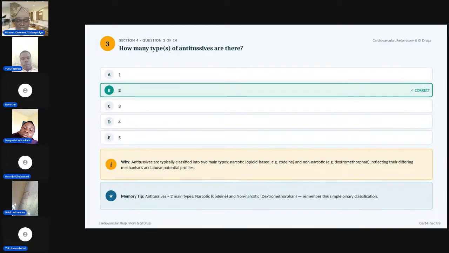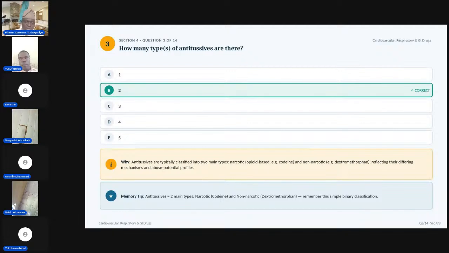This one is just trying to turn your brain. You know that you have some cough syrups that contain codeine and the ones that do not contain codeine. Those are the two things. They are just two: codeine containing and non-codeine containing. All those examples you see, this one is with codeine, and this one is just pure.